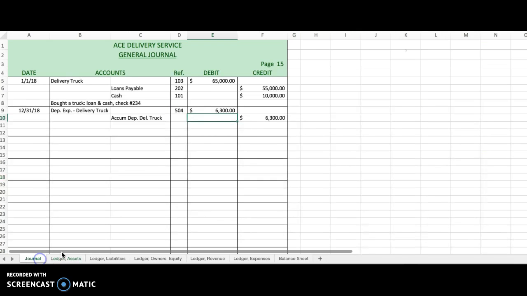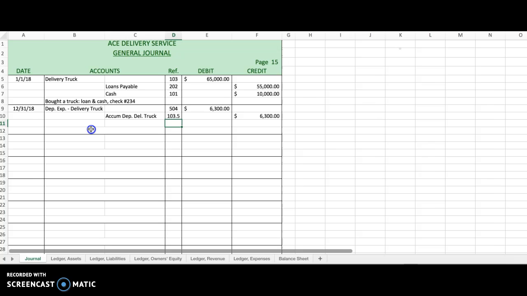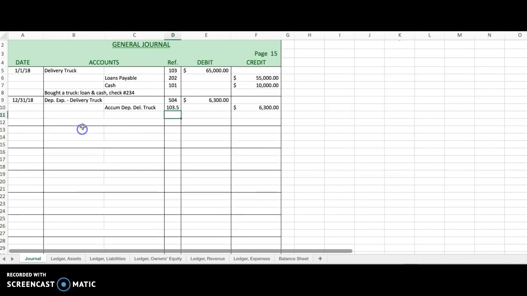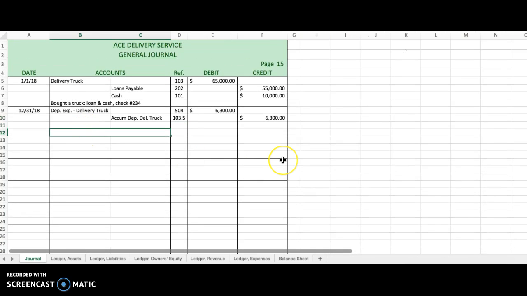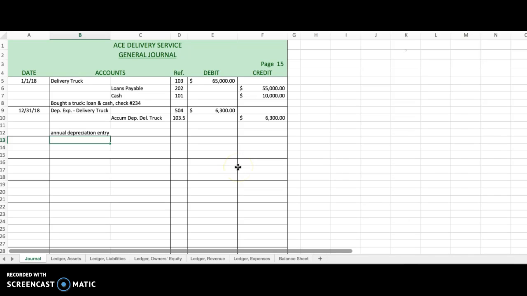So let's go back to our journal and put in the account number. So this is what we call an accounting entry into the journal that has to be done at the end of each accounting period.